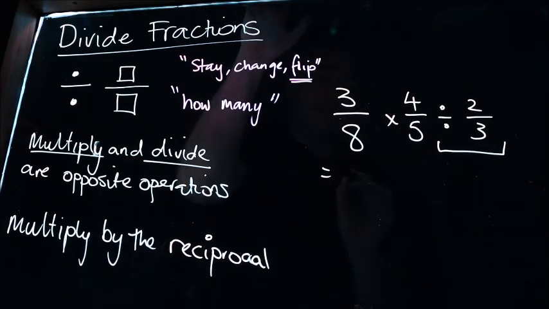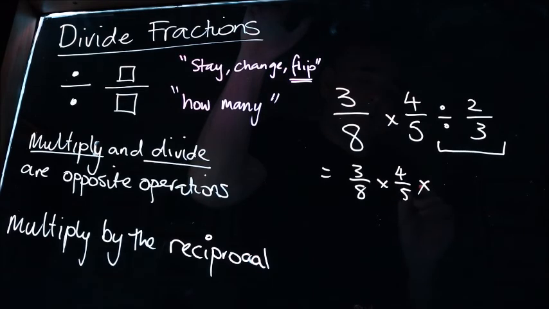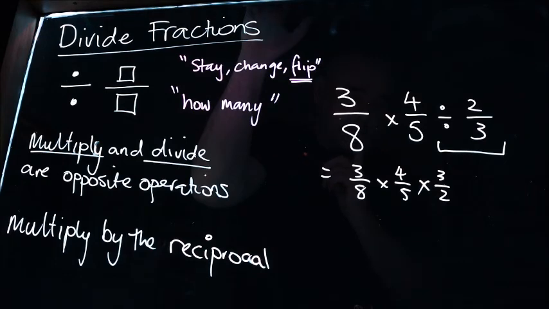So I'm taking a bit of extra time to write this out without doing anything to the first portion of this, and then I'm applying my stage change and flip, and there's no real work here. The reciprocal of 2 over 3 is 3 over 2.